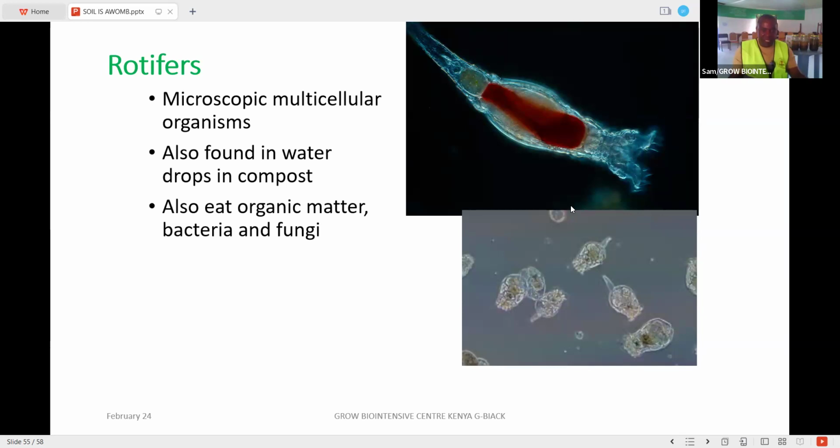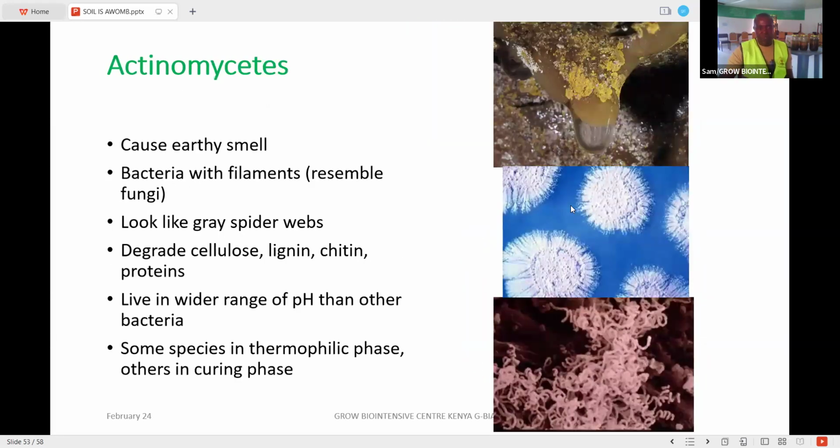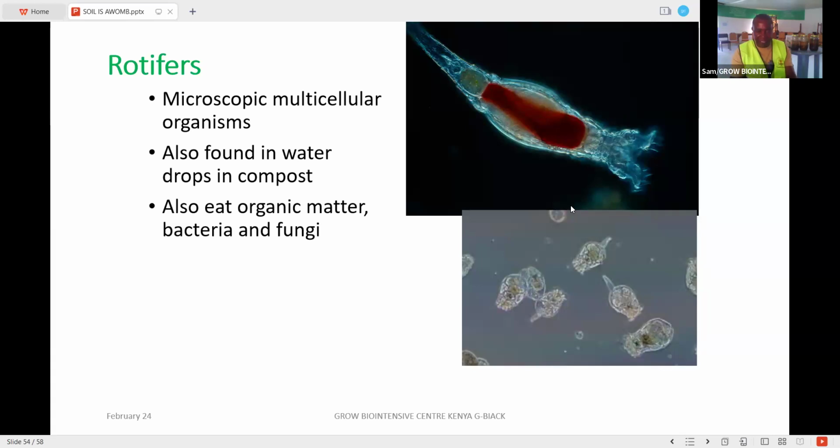leave it piling like this, because these guys, the rotifiers and the protozoa and actinomycetes, will start eating the nutrients. So you must make sure that when the pile is ready and fully cured, you spread it so that it dries up.